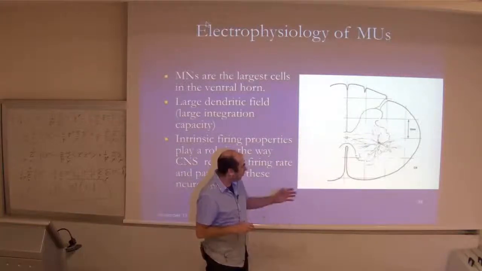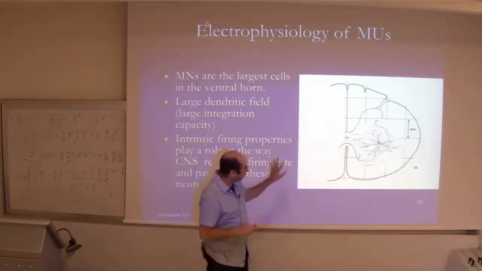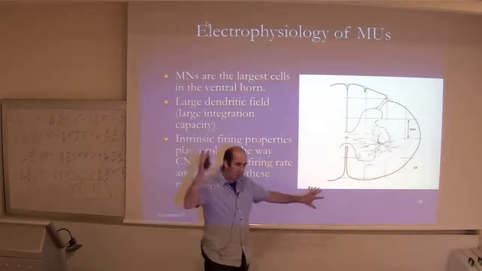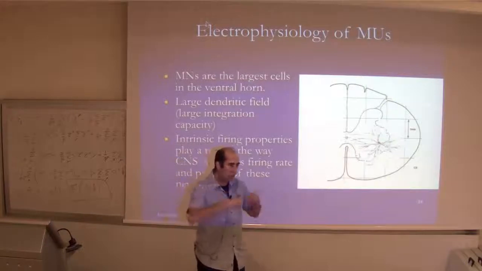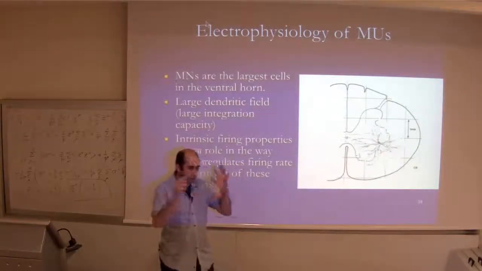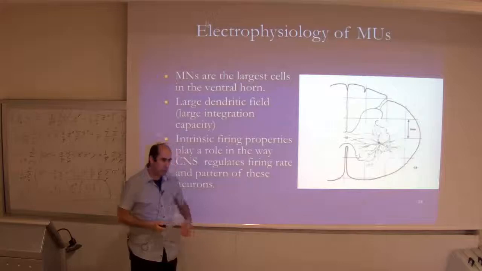One thing I want to emphasize is that what you see here is a planar view, but they're actually radial. They're going in all directions, up and down and to the side. So it's more like a huge ball.